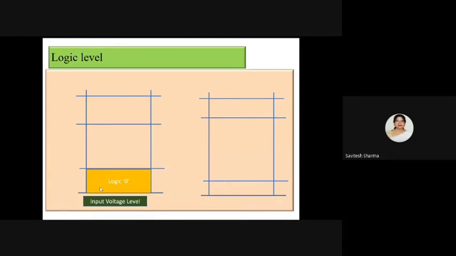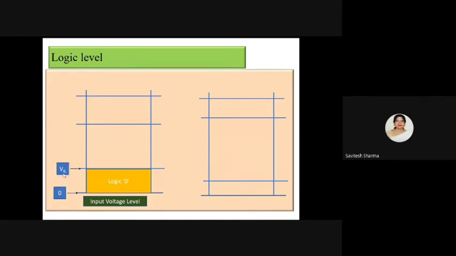So here I am showing you the voltage level for the input. If you are applying a voltage level at the input, you can represent your logic level from 0 volt to VIL. You will represent this logic level by a range 0 to VIL.